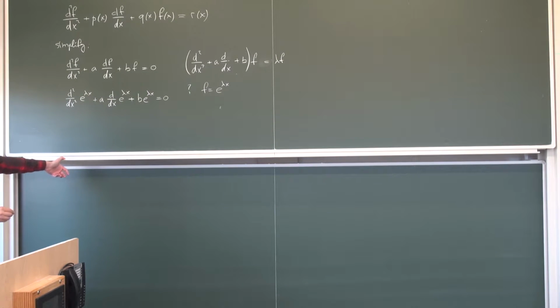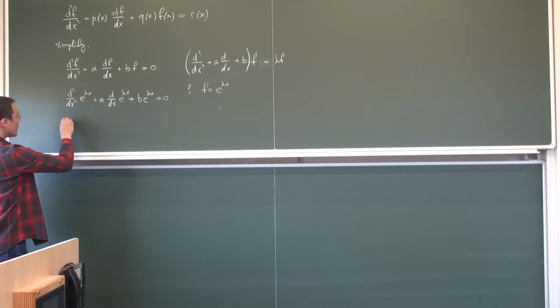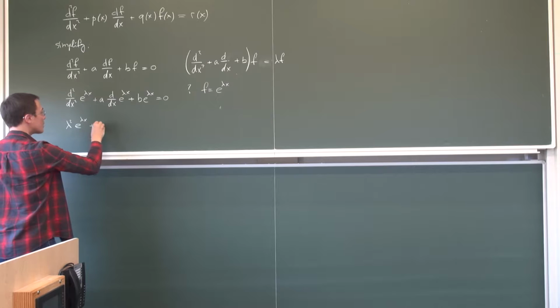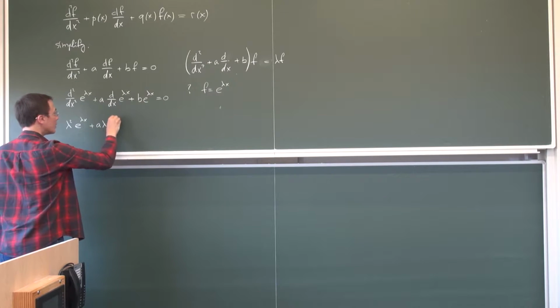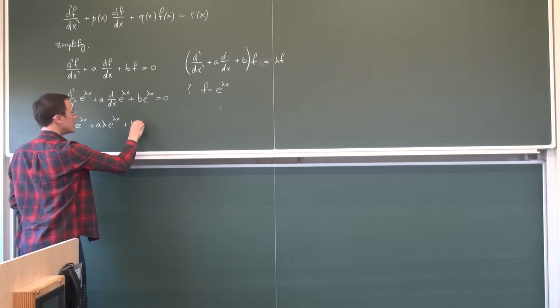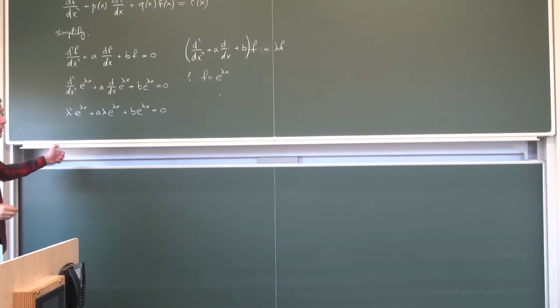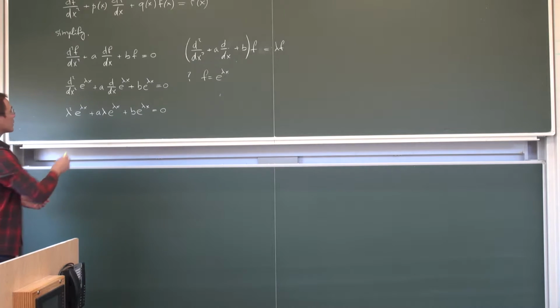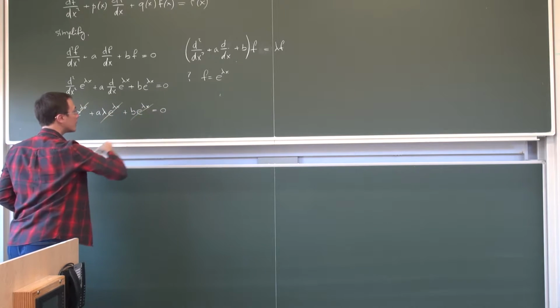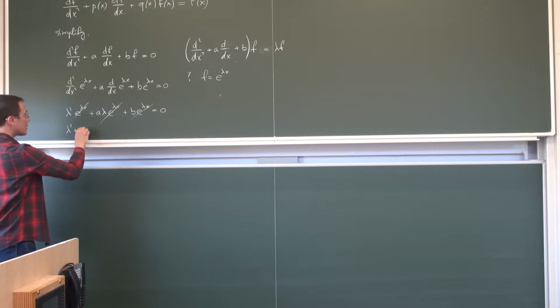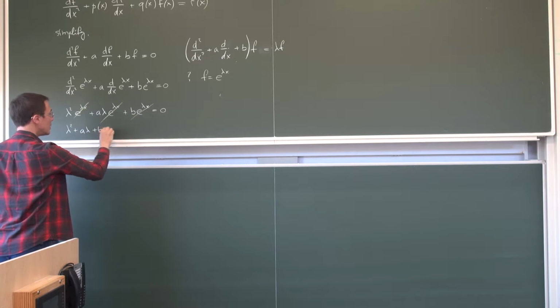Opening this up, we have lambda squared e to the lambda x plus a lambda e to the lambda x plus b e to the lambda x equals 0. The real exponential for any finite values of lambda and x cannot be 0, so we can cancel it here, here, and here.